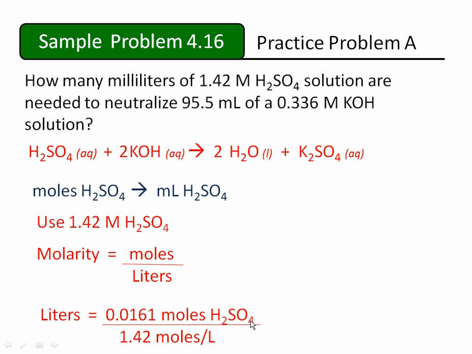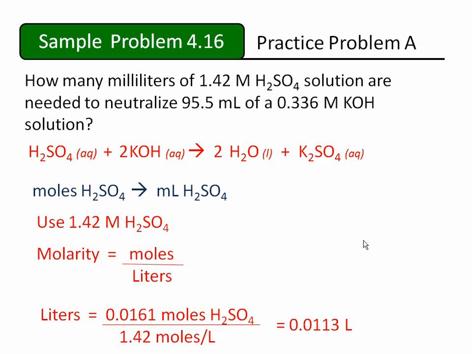But we knew from our previous calculation that we had 0.0161 moles of sulfuric acid based on how much potassium hydroxide was involved in the reaction. Here's our moles divided by our molarity that was given to us, and dividing these two values out will give us a value of 0.0113 liters.